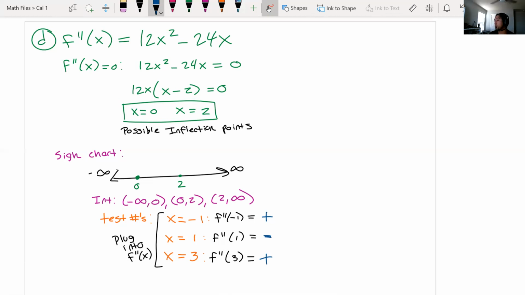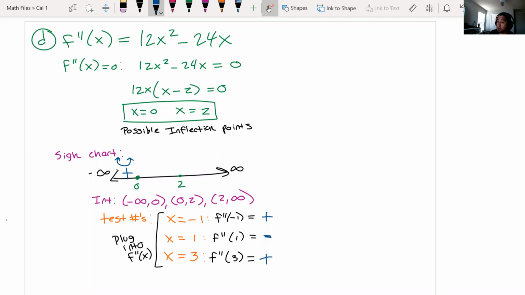Now this time we don't do increase or decrease. If the second derivative is positive, the function will be concave up.